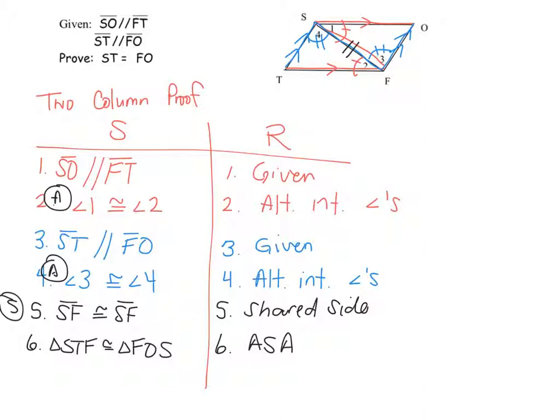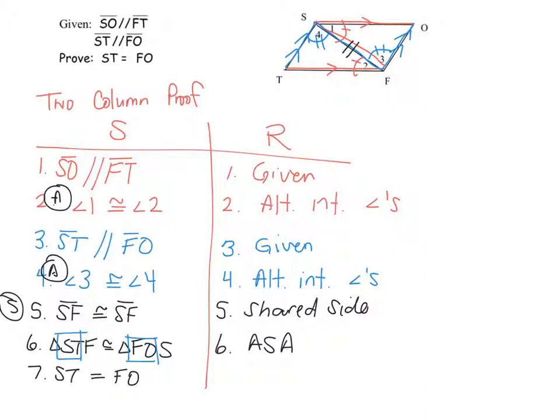So now I've got the triangles are congruent, but that's not where I stop. You'll notice I'm trying to prove that ST is congruent to FO. So what I'm going to do is write that as my next step. ST equals FO. And I need to verify, are those corresponding? If I look at my statements here, I will notice that they are indeed corresponding.